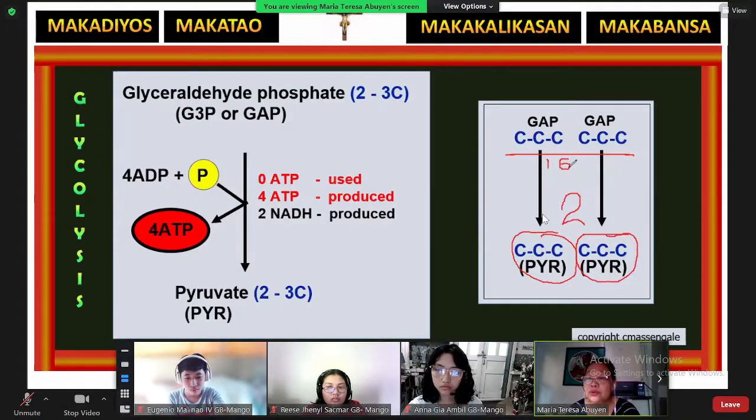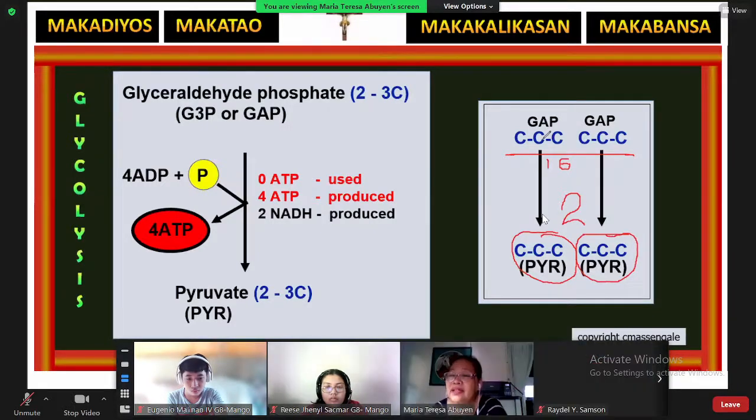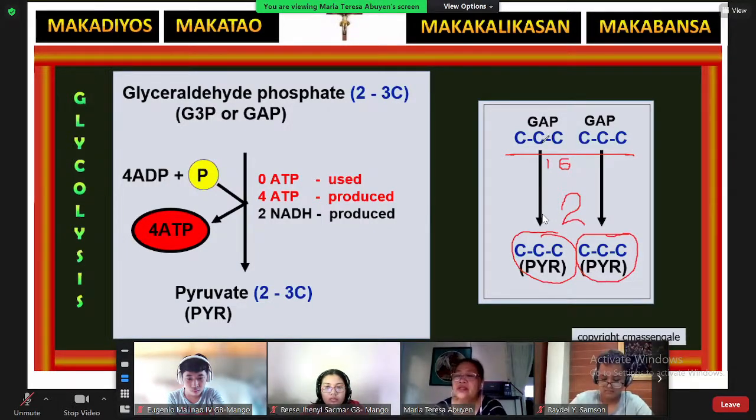That is glucose. So glucose will split to become 2 molecules of GAP. Those GAP will undergo a series of chemical reactions to become pyruvic acid, or pyruvate.